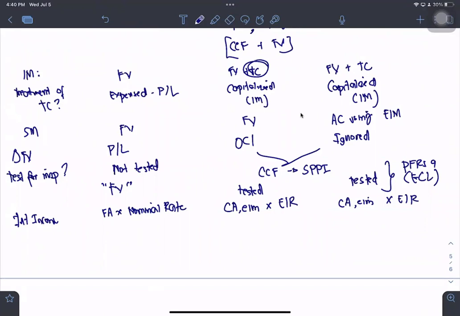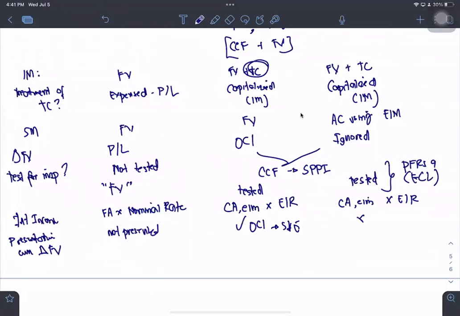Now, as to the presentation of your cumulative changes in fair value. In FVTPL, it is not presented. In FVTOCI, it is presented as part of your OCI or item of shareholders' equity. And for amortized cost, since we are not accounting for fair value, it is ignored.